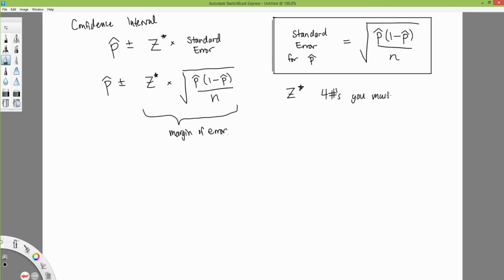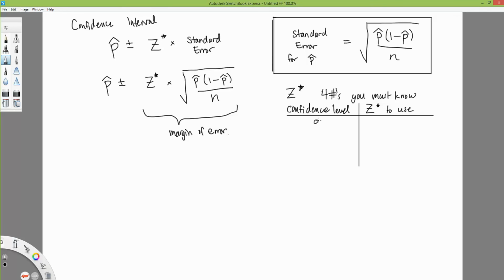You must know, okay? And so based on how much confidence you want to have will determine the Z star that you use, okay? So I'm going to do the confidence level, and this corresponds to the Z star to use.